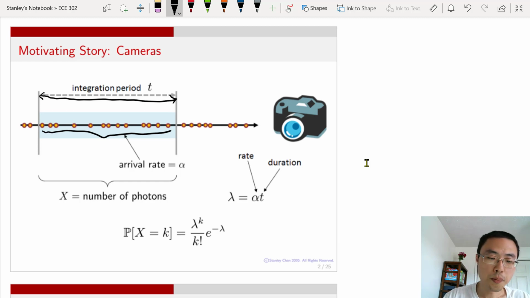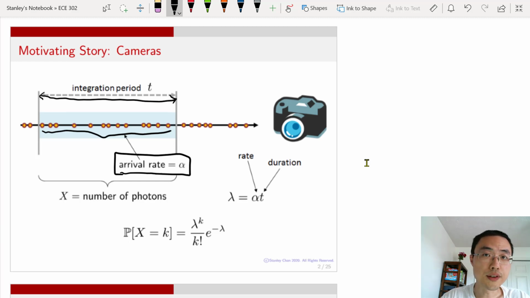Now, the photons come at an arrival rate of alpha, and depending on the brightness of the scene, you may have a higher alpha or a lower alpha. A higher alpha stands for brighter regions, and darker scenes will give you a lower alpha.